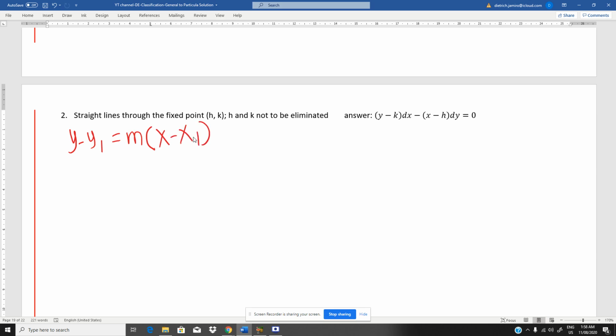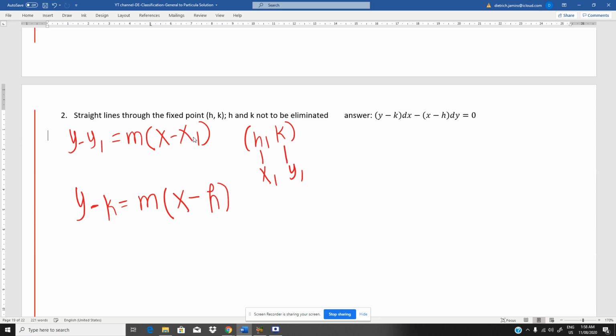We are given that the line passes through h comma k, so we substitute h for x sub 1 and k for y sub 1. We will have y minus k is equal to m multiplied by x minus h.